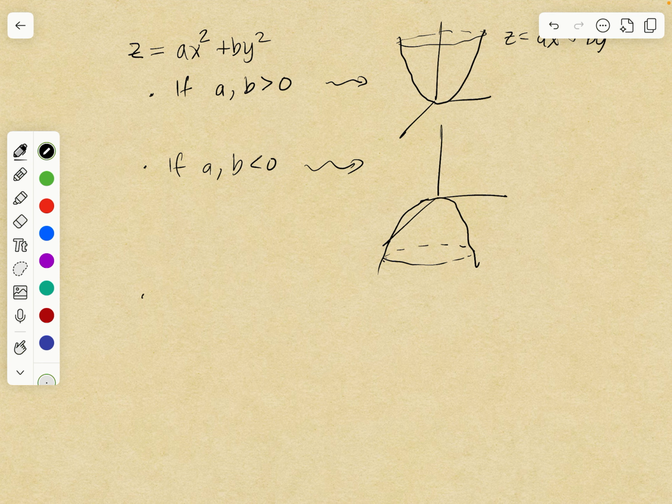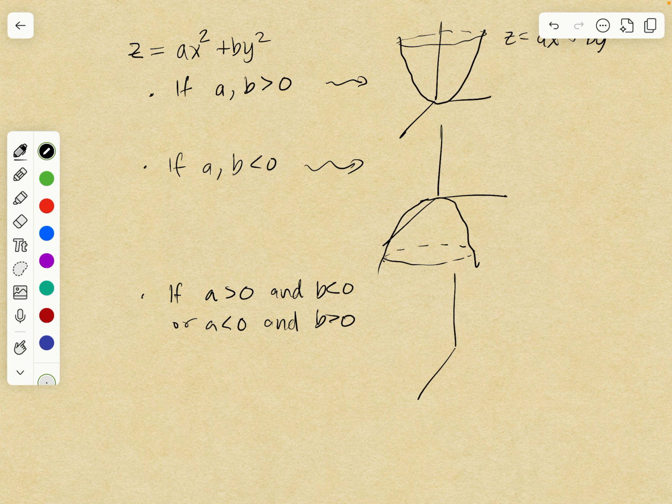And if one of a and b is negative, so if a is positive and b is negative, or a is negative and b is positive, then when you take one cross-section, you're going to get an upward pointing parabola, and when you take another cross-section, you're going to get a downward pointing parabola.